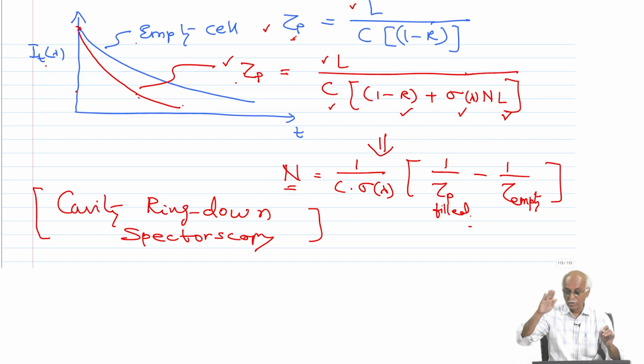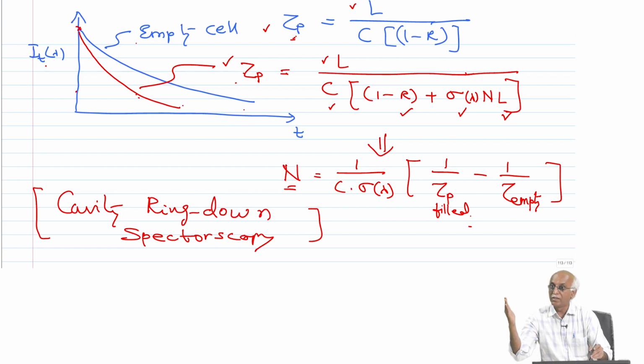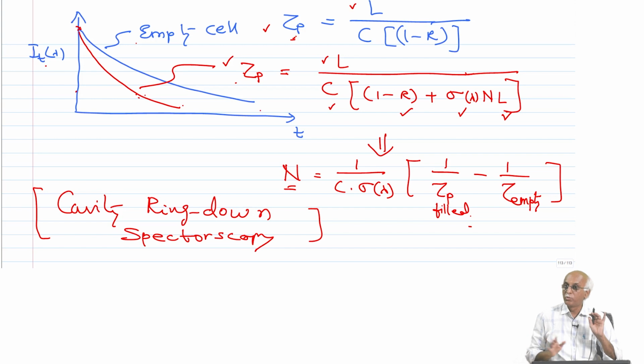Even if there is some laser intensity fluctuation, even if the input intensity changes, it does not matter, as far as I am capturing the output intensity with time and the decay characteristics. So it is independent of intensity fluctuation, and the measurement is based on the lifetime.